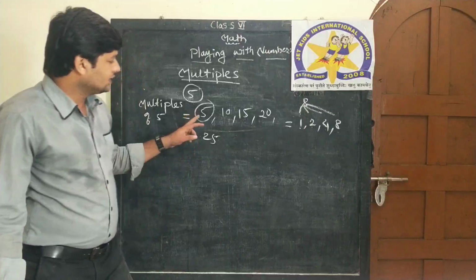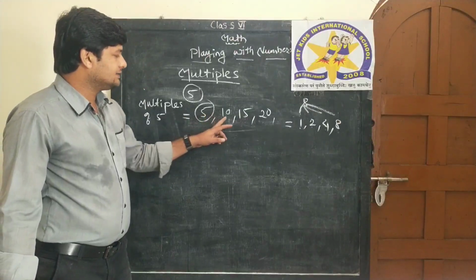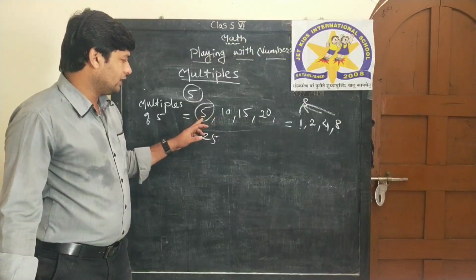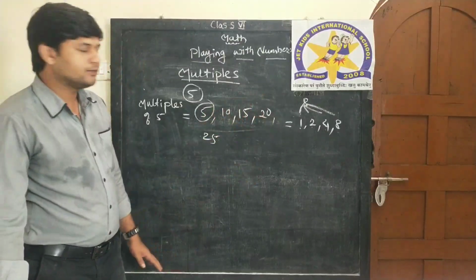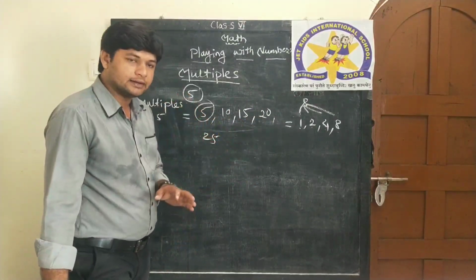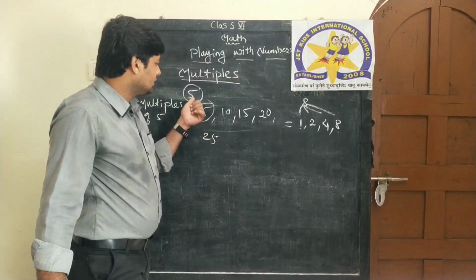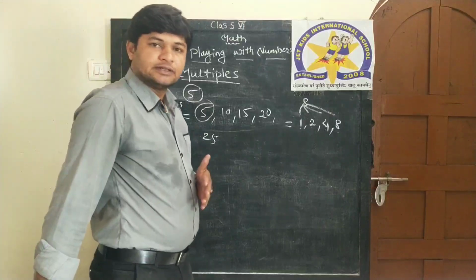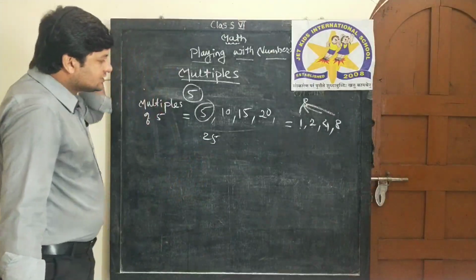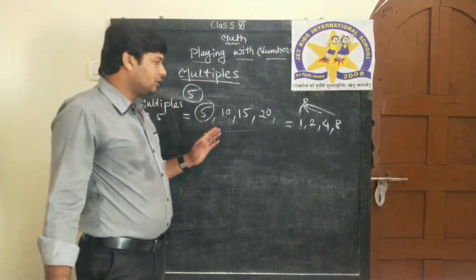You can see over here, 5 is equal only, and 10, 15, 20, 25, 30, whatever we write will always be greater than the given number of which we are finding the multiples. Clear? So this is how factors and multiples work.